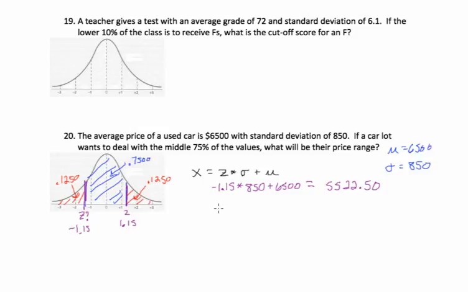I'll do the same thing for the other z-score, 1.15. So the price range, their low price is 5522.50 and their high price is 7477.50. That'll give them the middle 75% of the values.